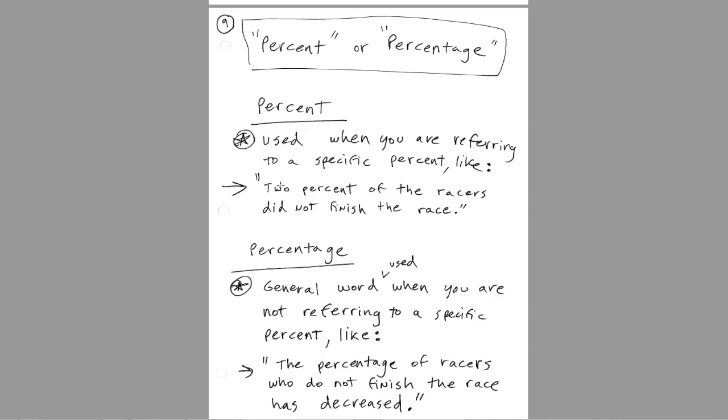Notice I have the number there: 2% of the racers did not finish the race. Percentage is a general word, used when you are not referring to a specific percent, like the percentage of racers who do not finish the race has decreased. Notice there's no direct reference to a specific percentage.